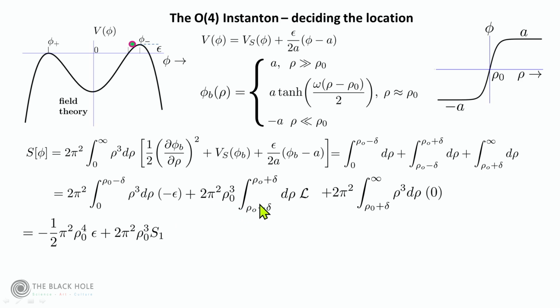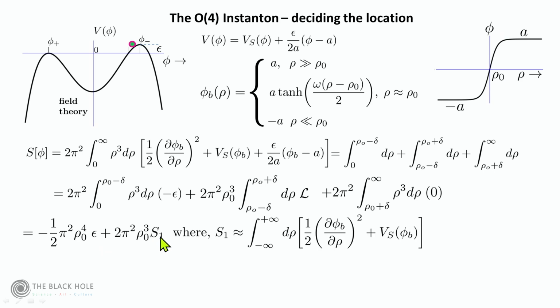This part over here, I can take the lower limit to be minus infinity and this to be plus infinity. But basically, I'm integrating from this place here to this place here. And that's where all the energy of the instanton is concentrated. So I get the action here.